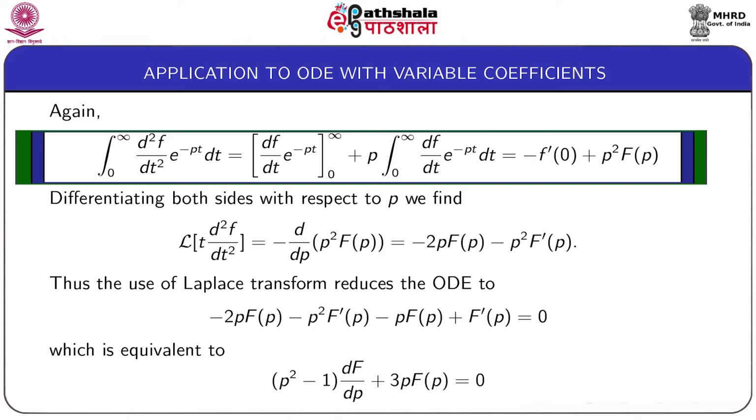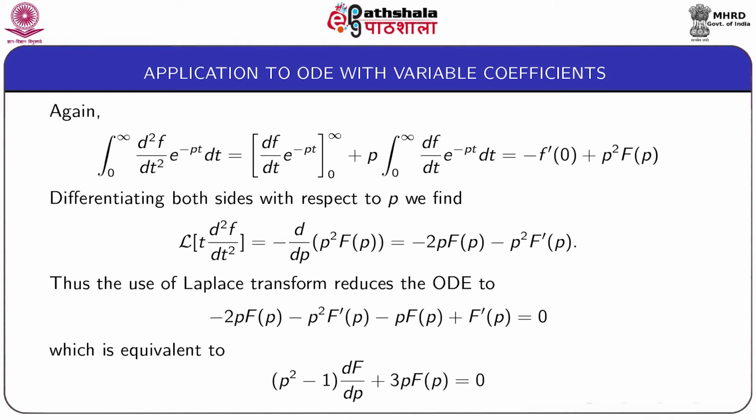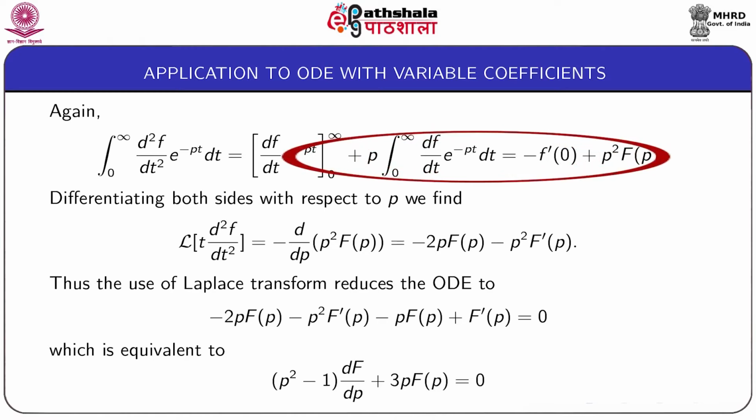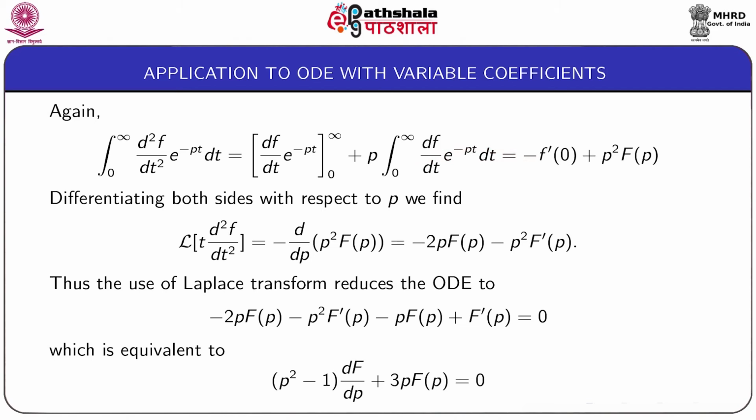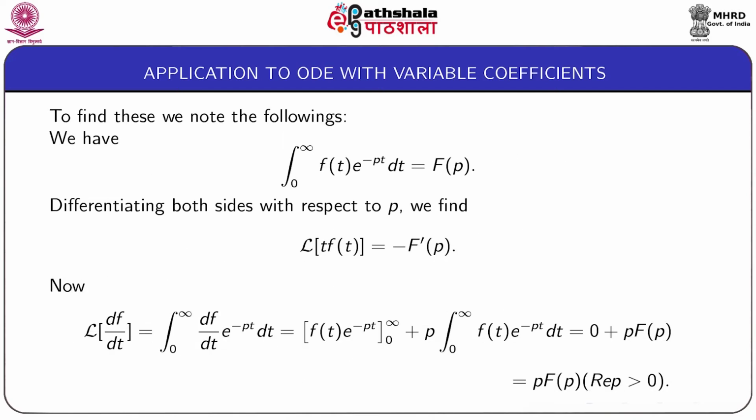We integrate this by parts so as to get df/dt e to the power minus pt from 0 to infinity plus p times the integral 0 to infinity of df/dt e to the power minus pt dt, and that is equal to minus f dash 0 plus p square capital F(p), where we have used the Laplace transform of df/dt from the previous result, that the Laplace transform of df/dt is equal to pF(p).